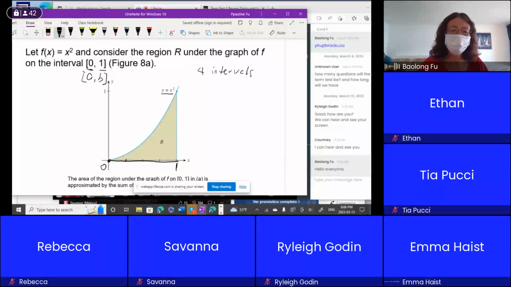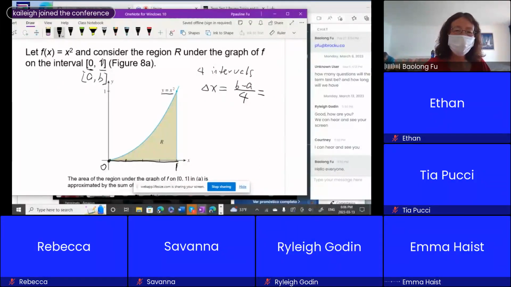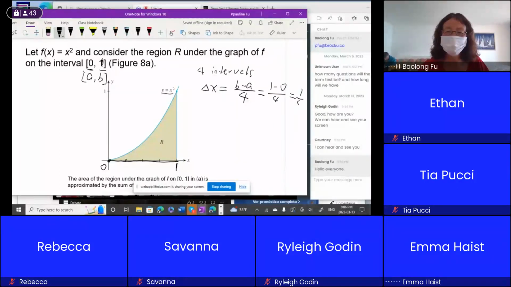If you want to divide AB into 4 intervals, each interval has width delta x, which is just (B minus A) over 4. In this example, B is 1, A is 0. So the length of each interval is 1 over 4.